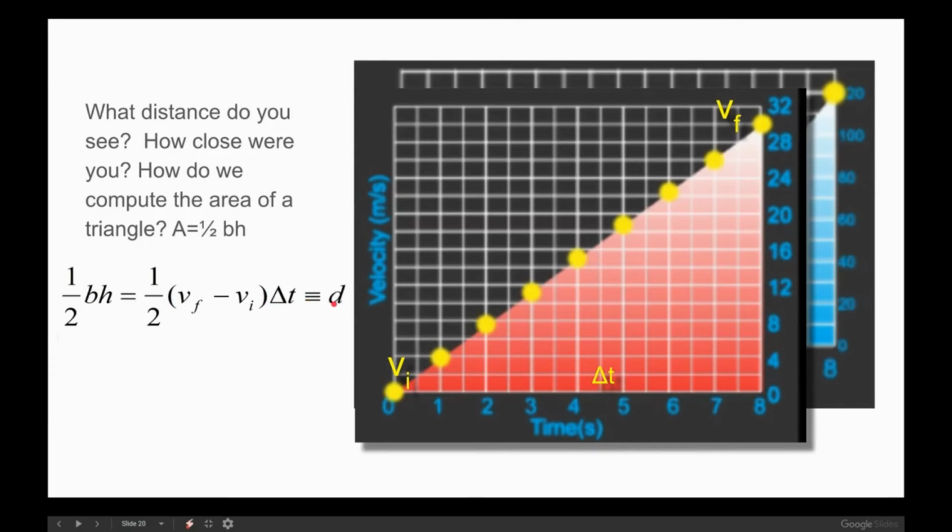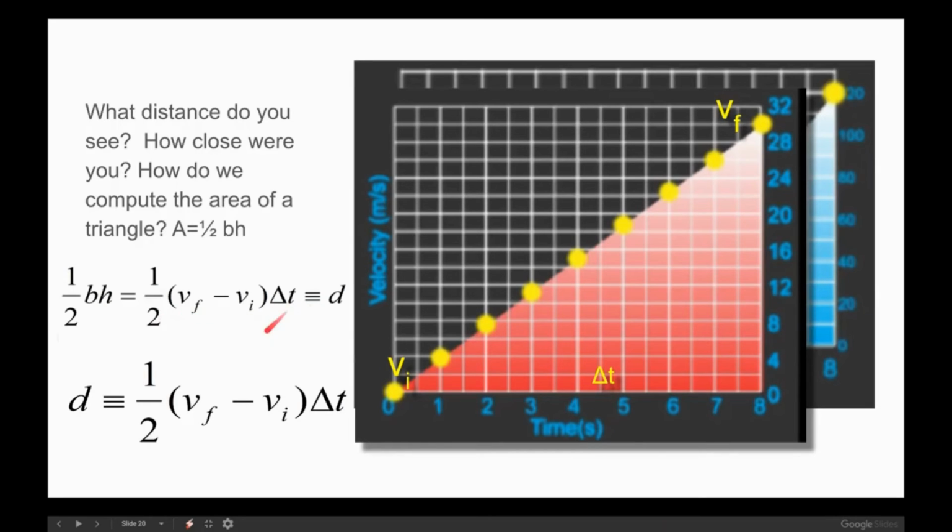What's with the triple equal sign? That means equivalence. And what it means is I'm telling you it's so. I didn't calculate that it equals D, because you might go, where did D come from? I'm telling you, we already discussed this. Area under that line is a distance. So it's by definition.